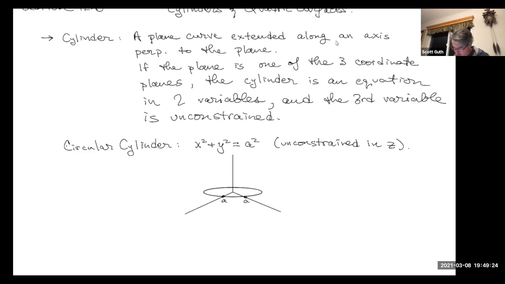It wasn't horizontal, it was bugging me. That's better. Okay, and then I'm going to make a copy of that and just put it up higher like that maybe. Okay, and then give it sides. So this is what it means to be unconstrained in Z.